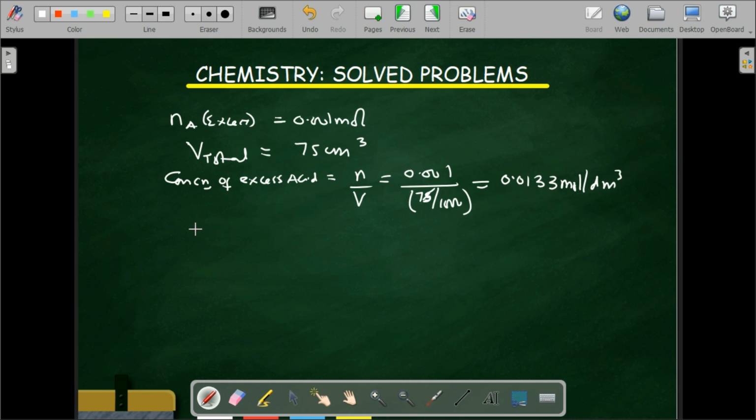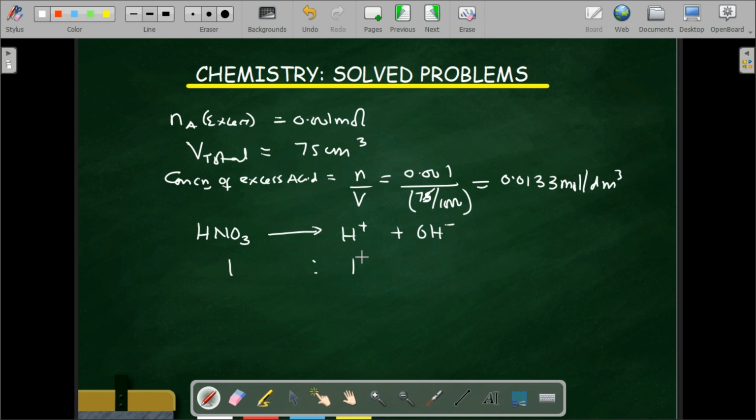Now, HNO3 is a strong acid, and since it is a strong acid, it dissociates completely when dissolved in water. Because the basicity of HNO3 is 1, a mole of HNO3 is going to produce 1 mole of hydrogen ion.